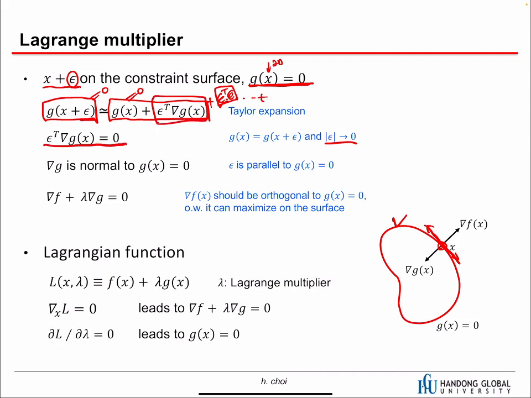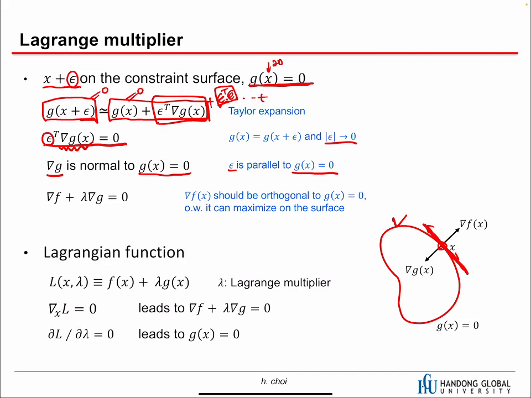And this equation says epsilon is orthogonal to the gradient of g. Epsilon is parallel to this surface, in this direction.